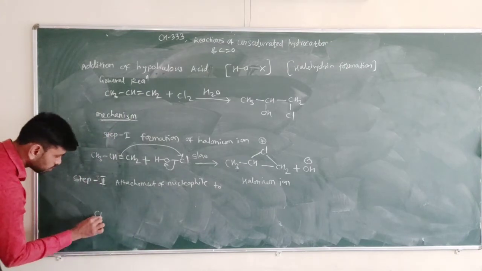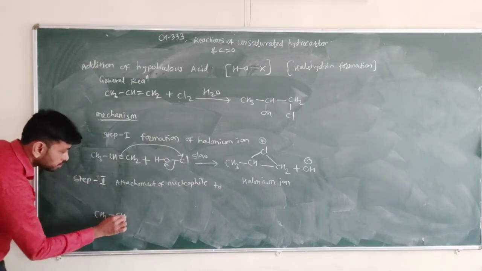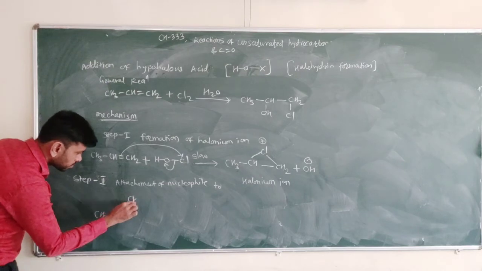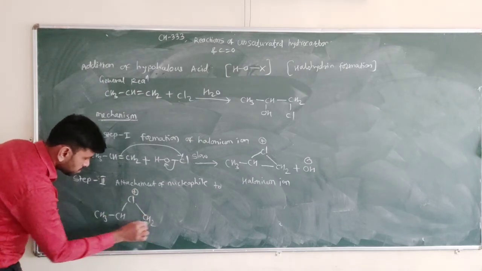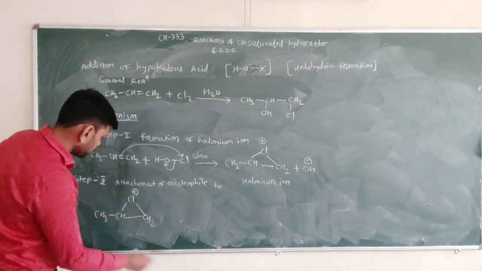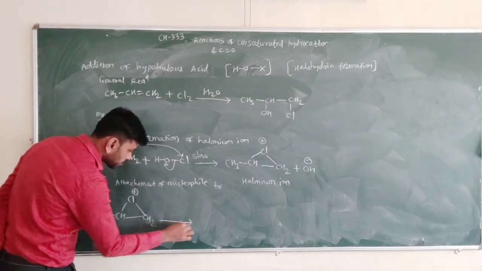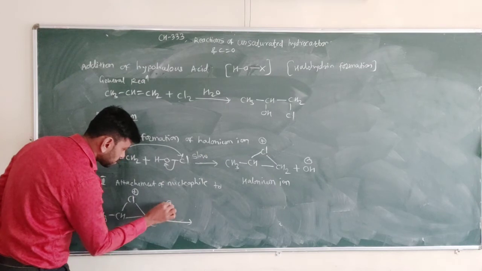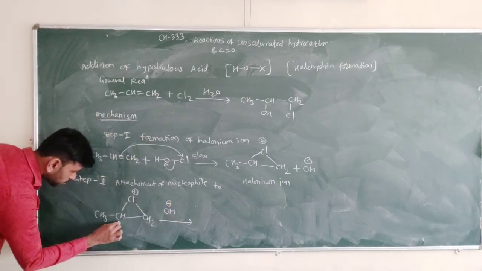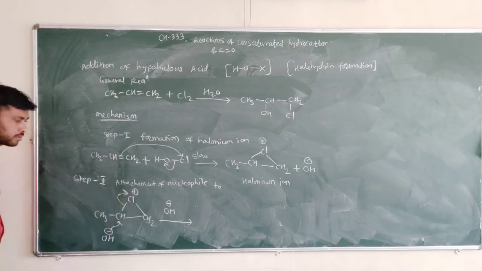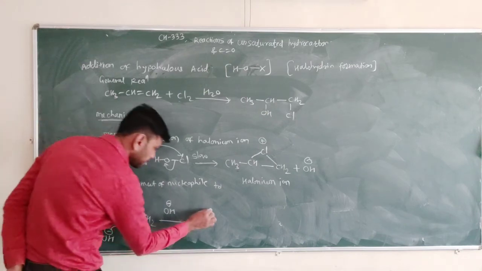See here, the halonium ion is formed, CH3CH-Cl-CH2. Now this nucleophile OH minus attacks from the opposite side, and we get the stabilization of the product.